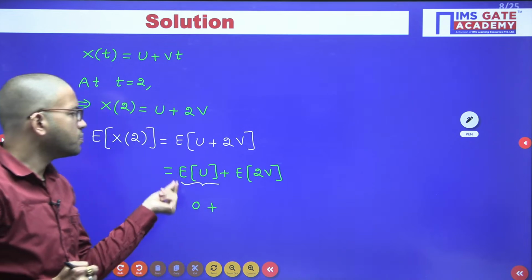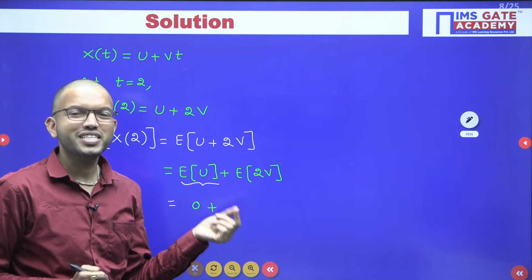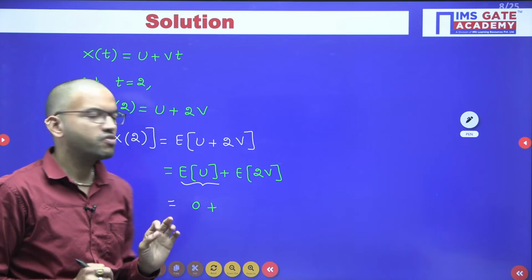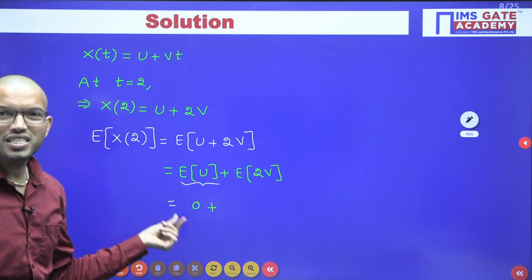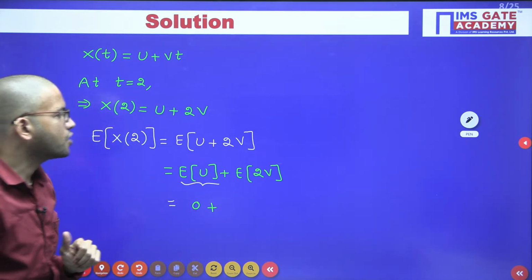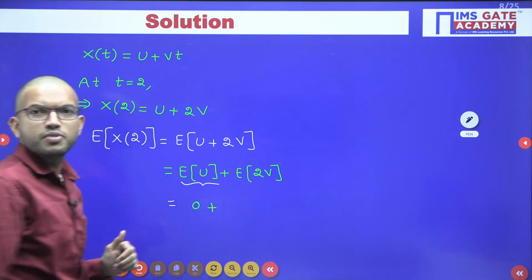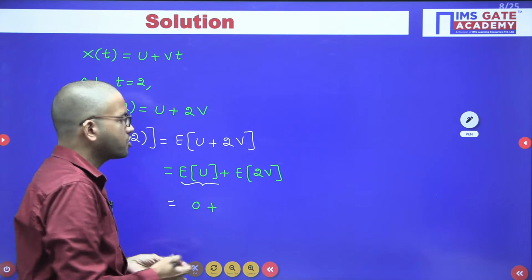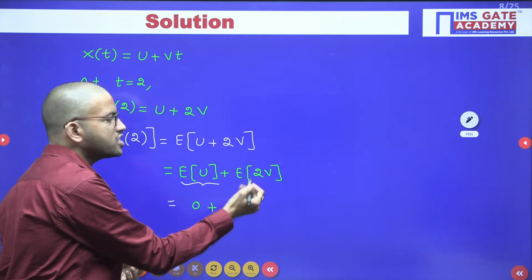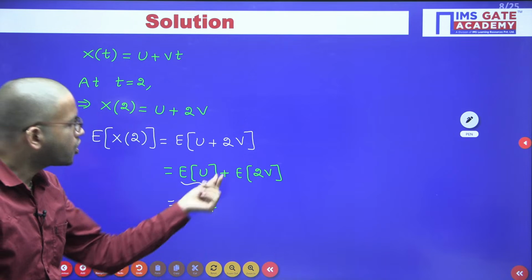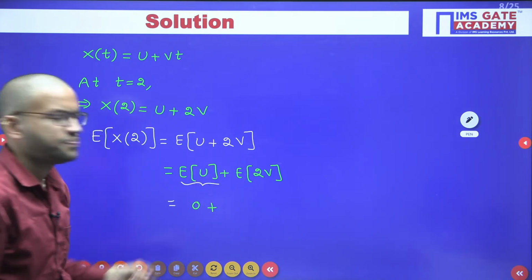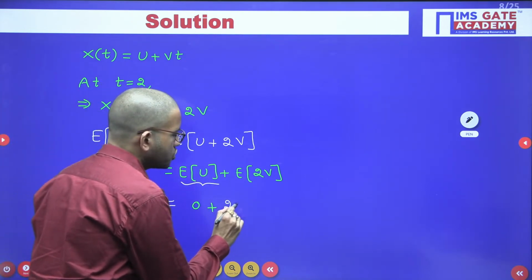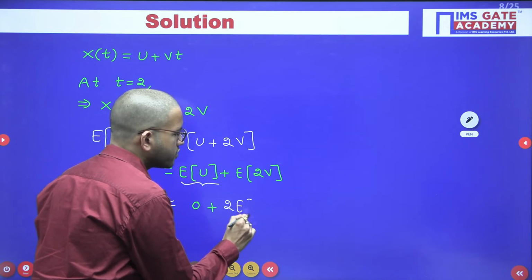Whenever you are performing expectation of a random variable, that is nothing but simply the mean value. Yes, very good, Manoj. Here you are having expectation of 2 times V. Here 2 is the constant, so we can keep it outside: 2 times expectation of V.